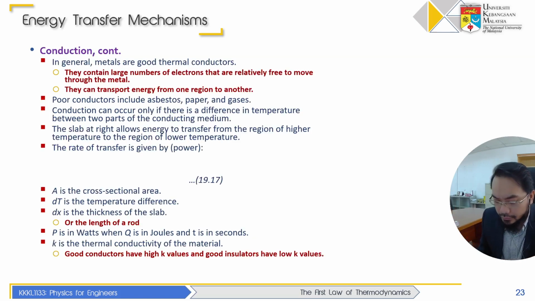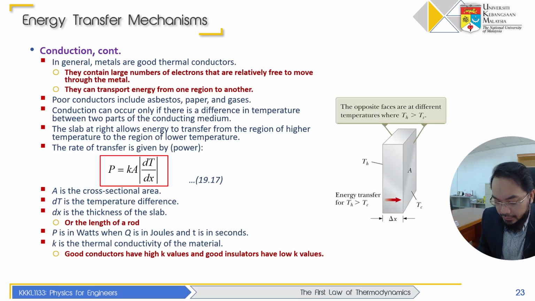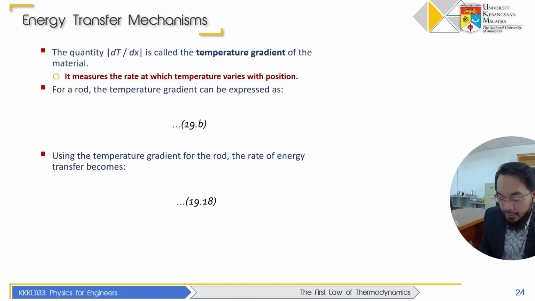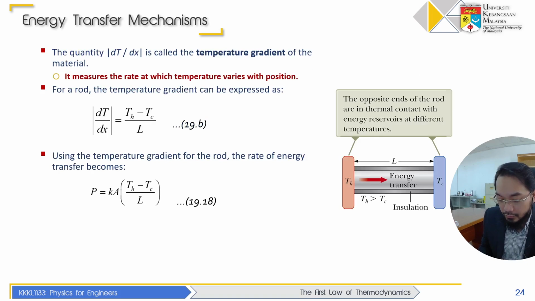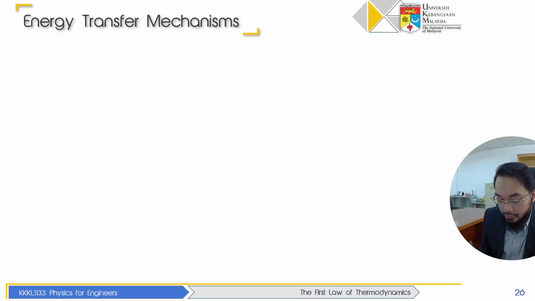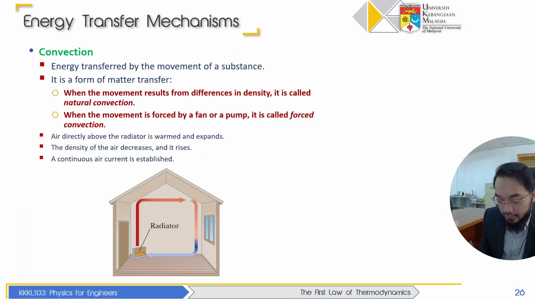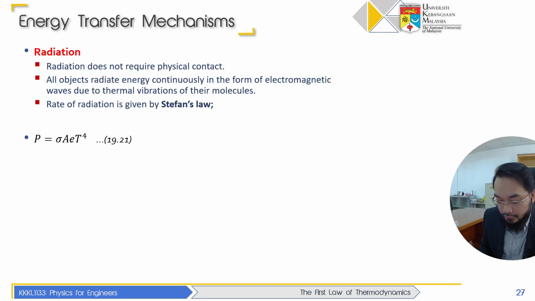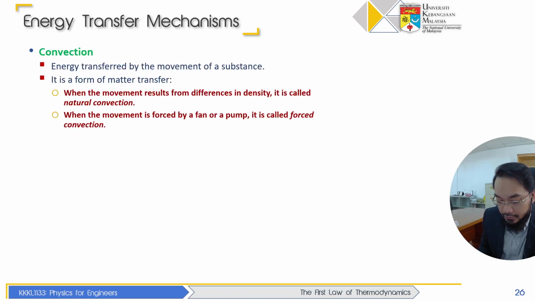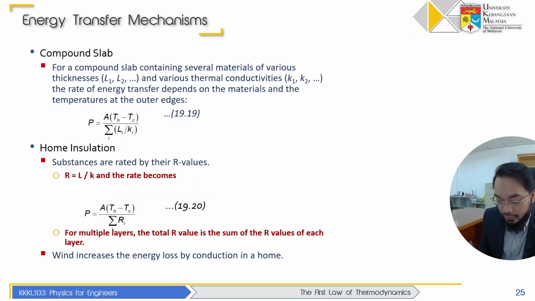So you can read through all of them, and the relationship for how to measure the power transfer of thermal energy through conduction, convection, and also radiation. For convection there's no calculation; for radiation there is a calculation. For conduction there are several equations.